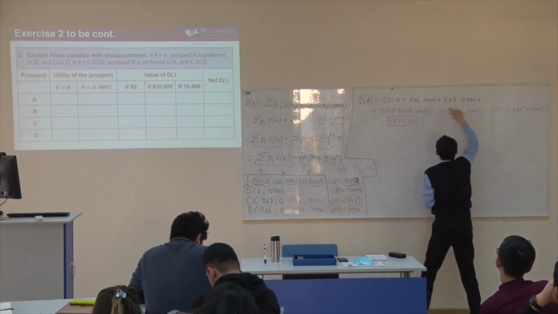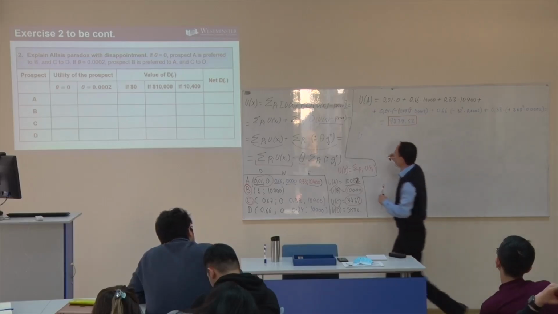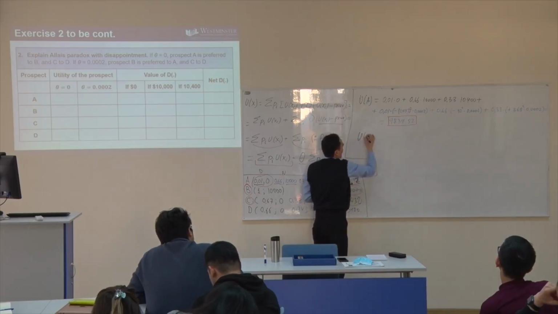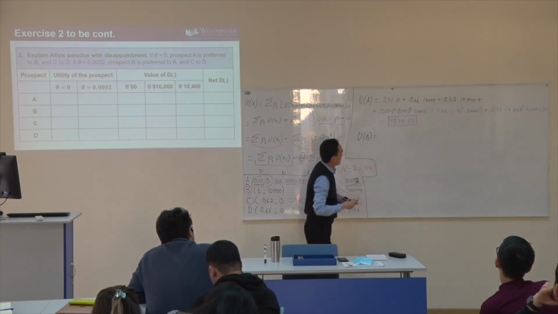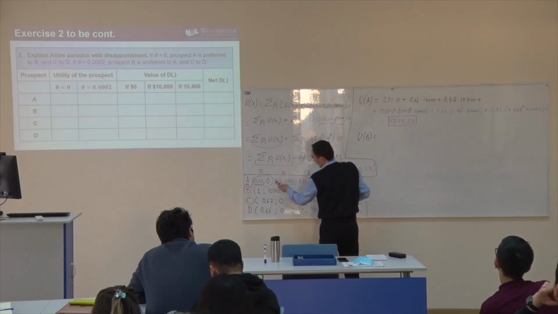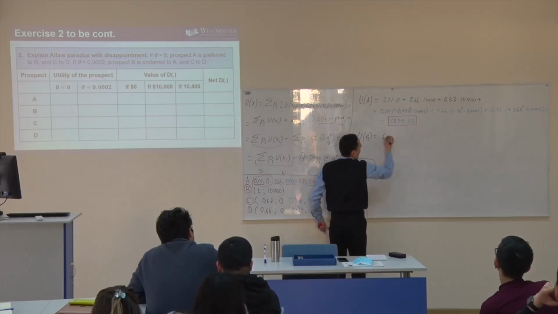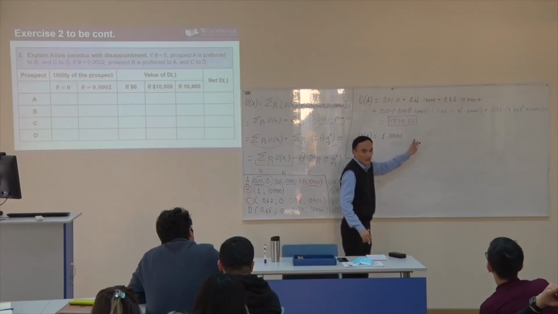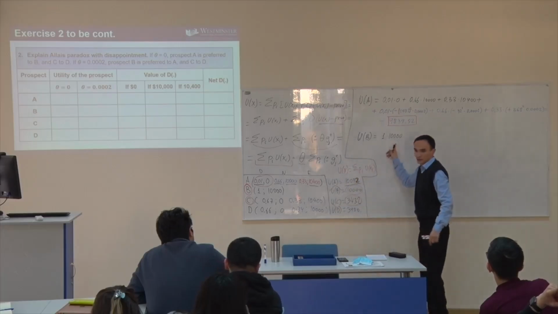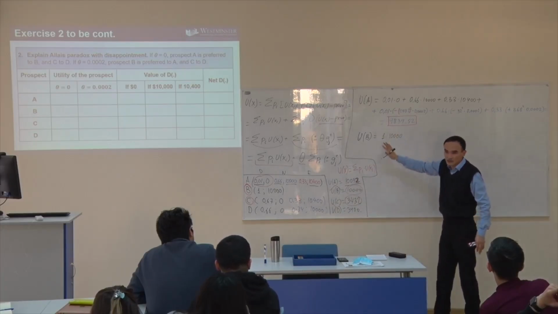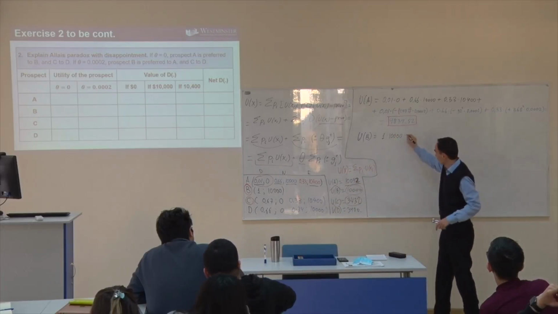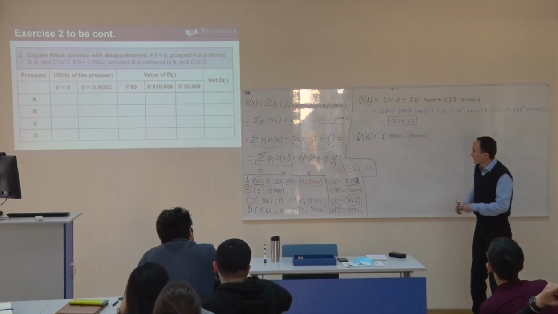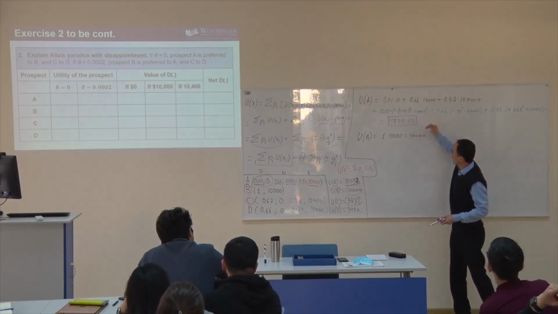So look, utility for prospect B equals: there is 100% probability of 10,000. Is there any probability which is going to be less or higher than 10,000? Disappointment is not applied here because it's 100% this one. It's equal to 10,000. So now you can compare A and B.